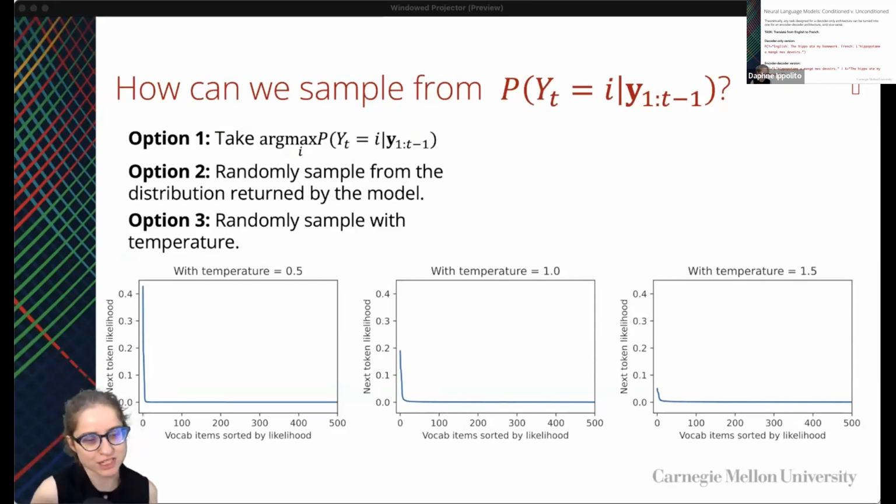And if for some reason you wanted text that looks even more random than what the language model would do by default, you could set t to something greater than 1, which would cause the distribution to look closer to the uniform distribution. Yeah, that's correct, what you put in chat.